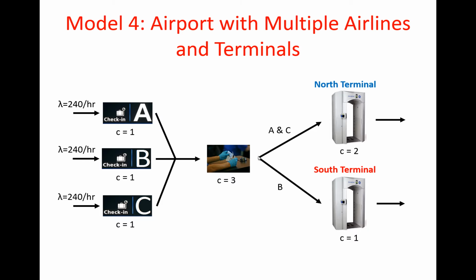So let me go ahead and rename my objects here. Let's call them passenger A, passenger B, and passenger C. Then we have A check-in, B check-in, and C check-in.